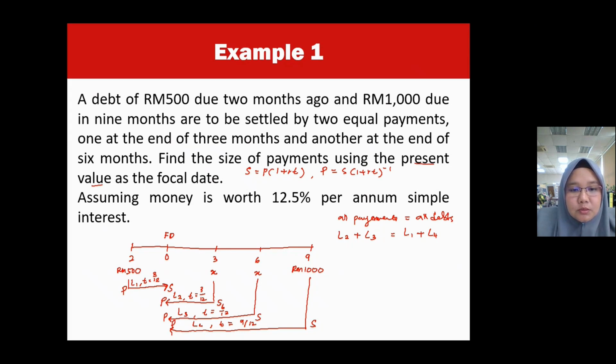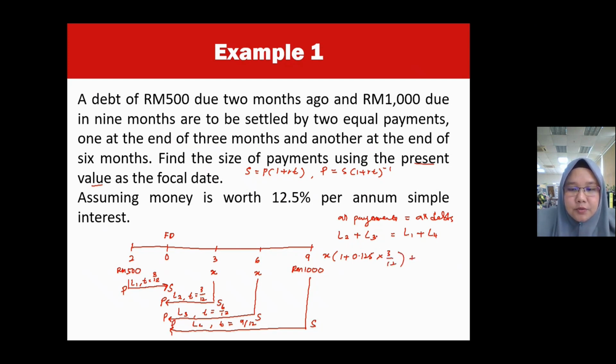So for L2 we want to find P, so we need to use this formula. What is the value of S? The value of S here is X. So S is X multiplied by (1 plus R), where R is 0.125, multiplied by T. T here is 3 over 12.